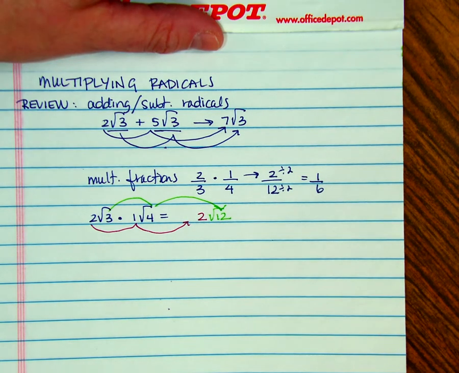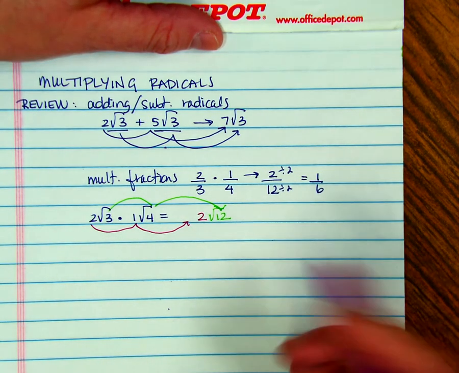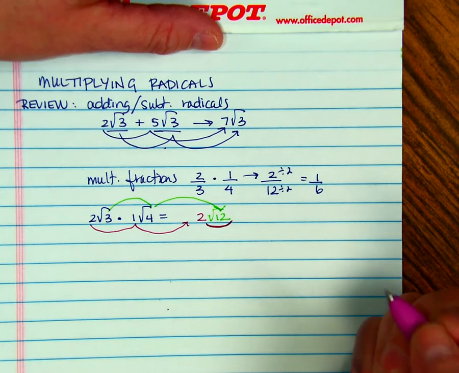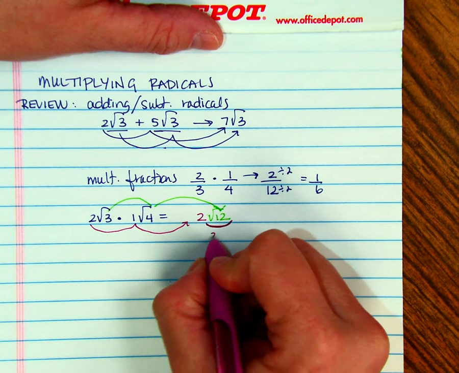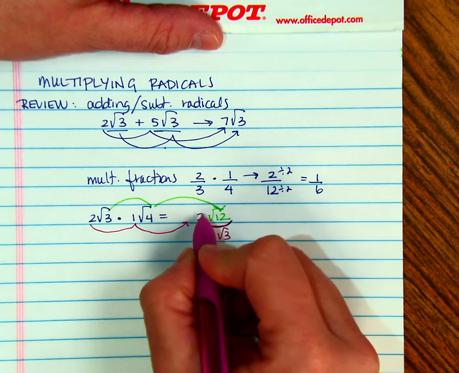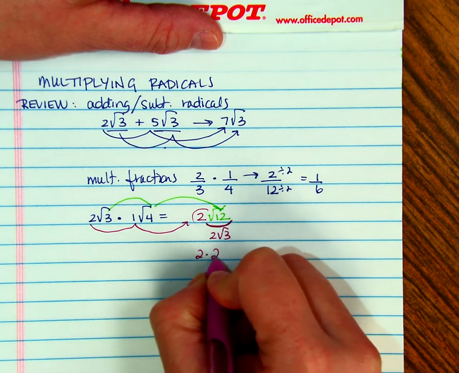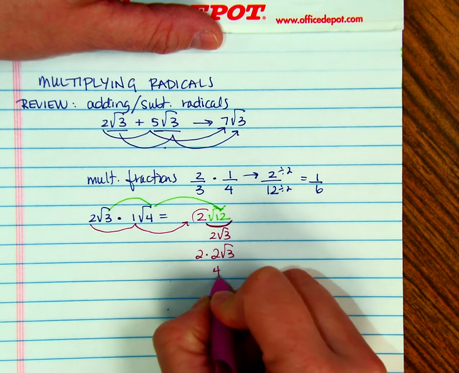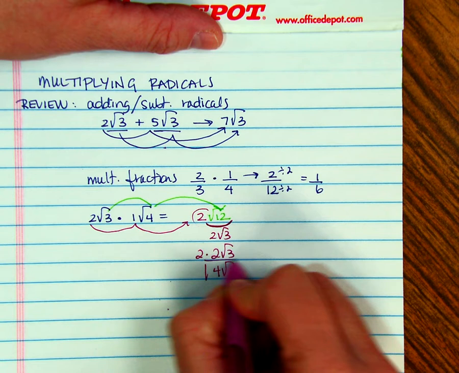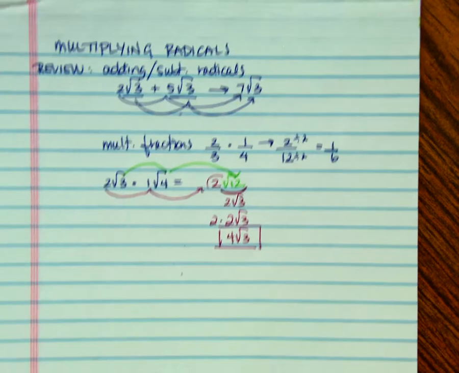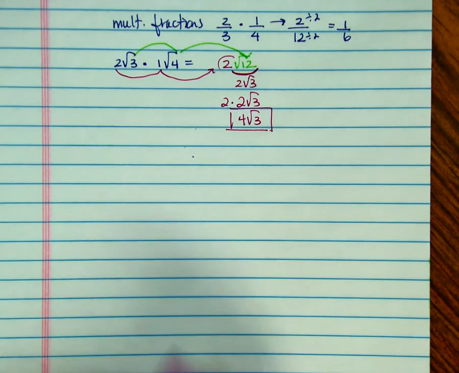So we end up with 2 radical 12. Like fractions, you have to make sure that this cannot be simplified, and it can. Square root of 12 gives me 2 radical 3. I cannot forget about the 2 that I already have, so I have 2 times 2 radical 3, which gives me 4 radical 3.